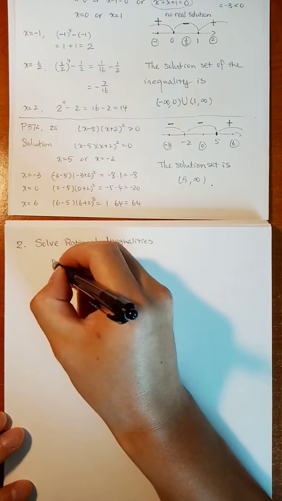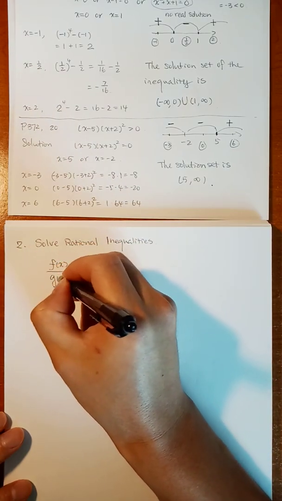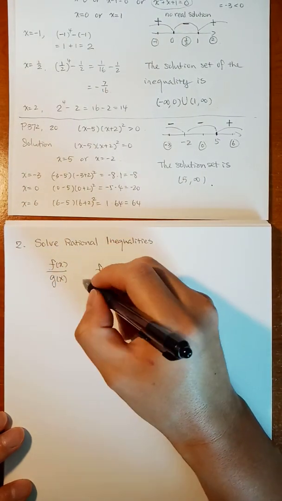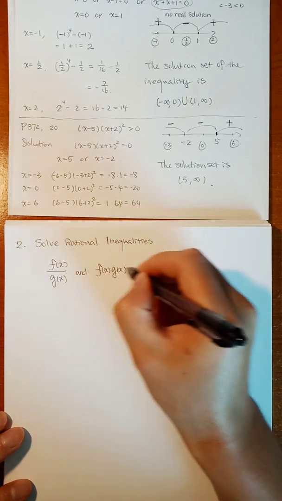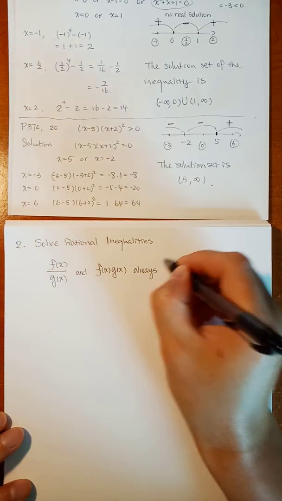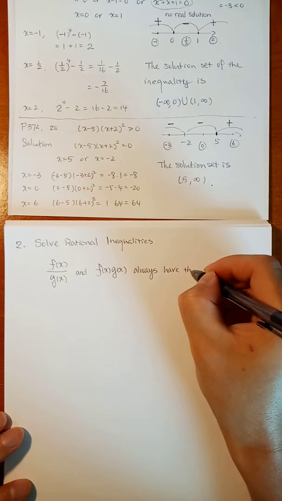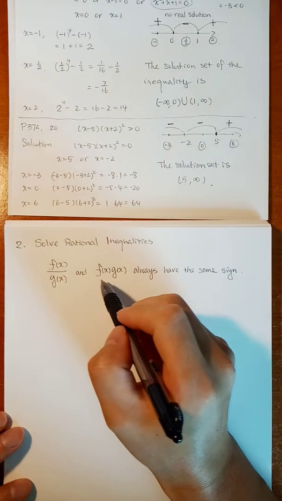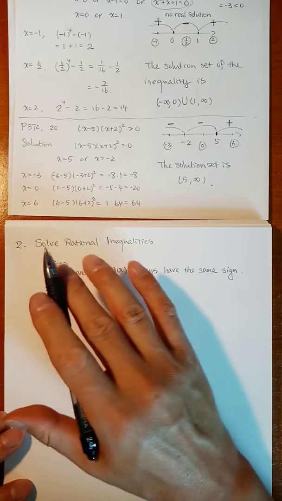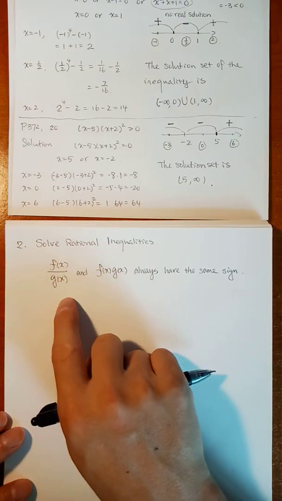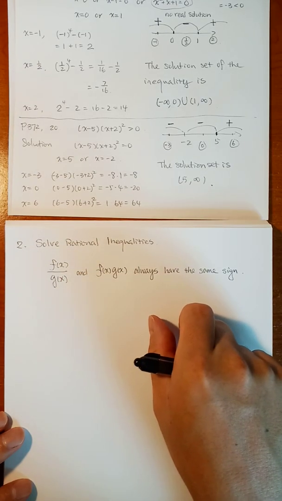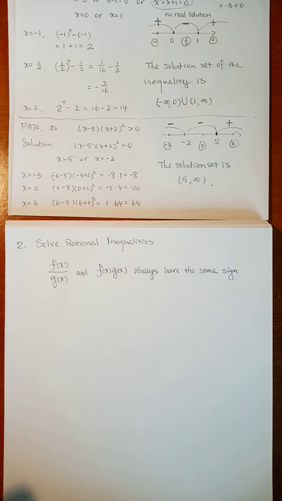So f(x) over g(x), this ratio, and f(x) times g(x), this product, always have the same sign. They will be either both positive or both negative. You will never have one positive and the other negative. That's impossible, right?